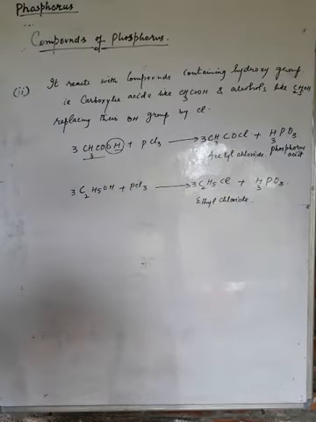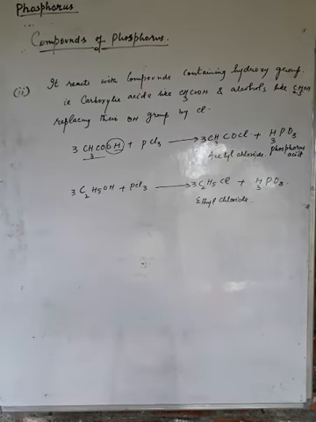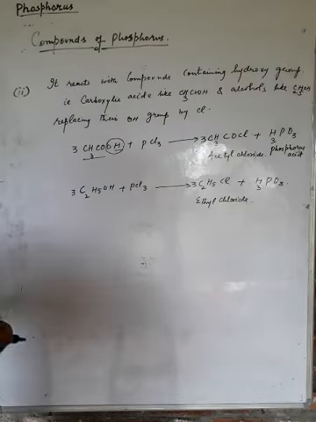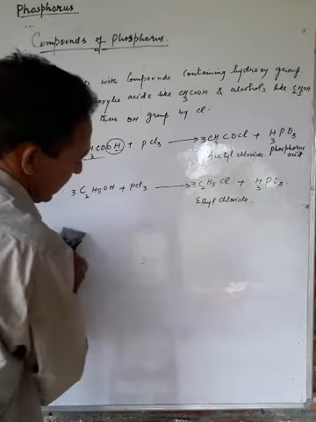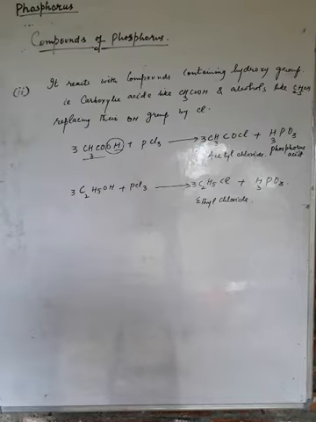Now this phosphorus trichloride is a colorless oily liquid. Its structure is like this. It has a pyramidal structure.